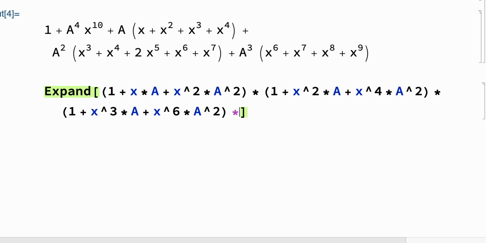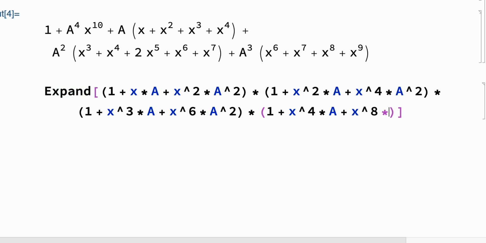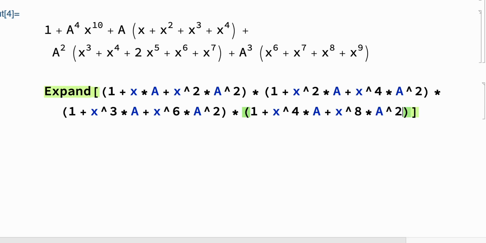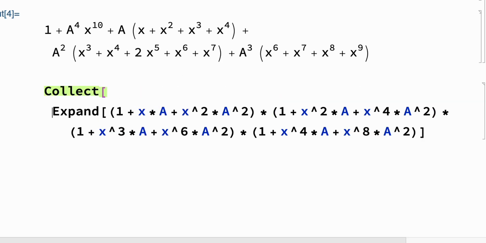Now the last term: I know it's very boring, but the intermediate boring work always leads towards a somewhat beautiful result, so doing the boring work is worth it. I know that something beautiful will come. So 1 plus x to the power 4 a plus x to the power 8 a squared. Expand and collect. I will tell Mathematica to collect all the terms in powers of a.